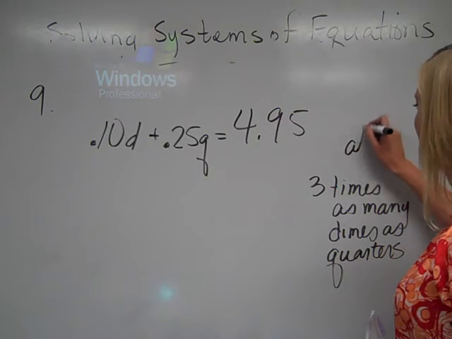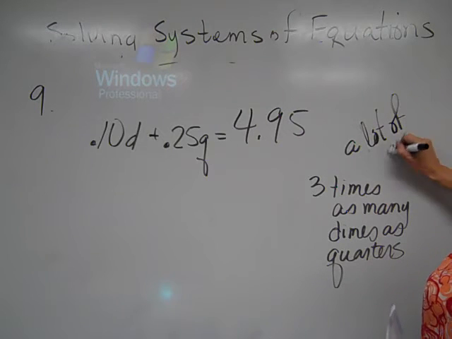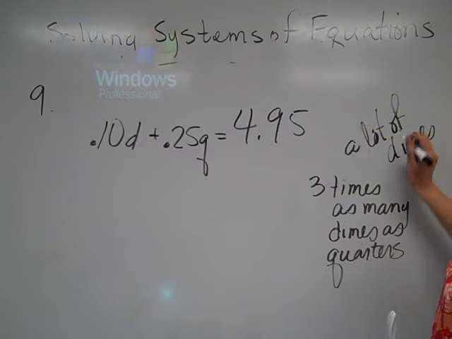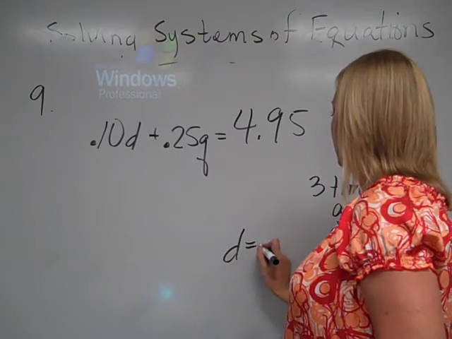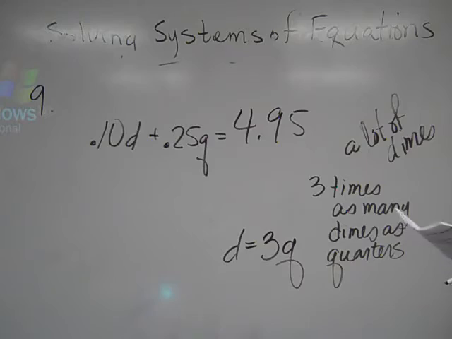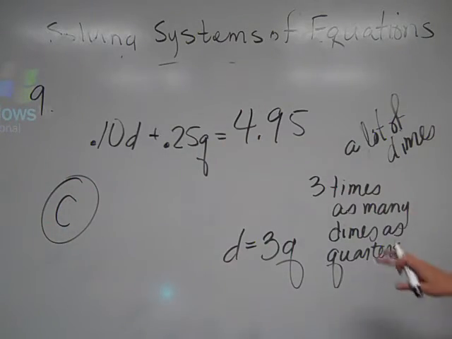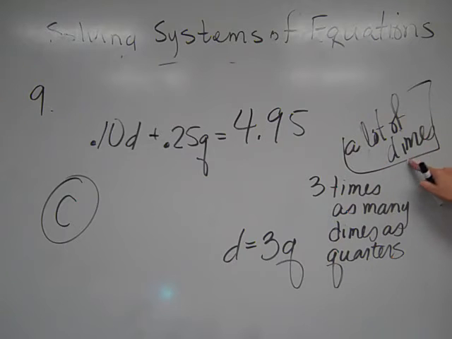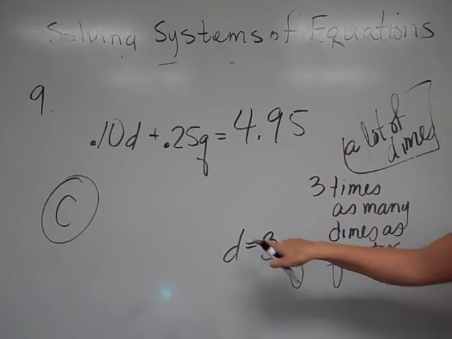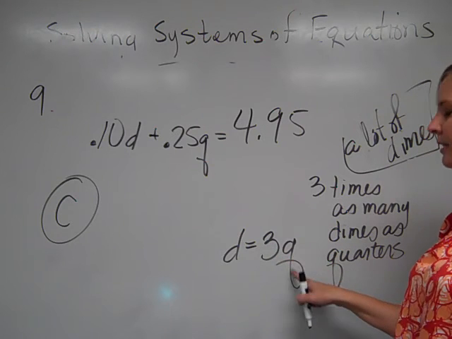That means he has a lot of dimes. So more dimes. So dimes is going to be worth 3 times as many quarters. And so then your answer choice is C. Remember, this can help you decide if it's 3D or 3Q, because D is a lot more. It's 3 times the number of Q.